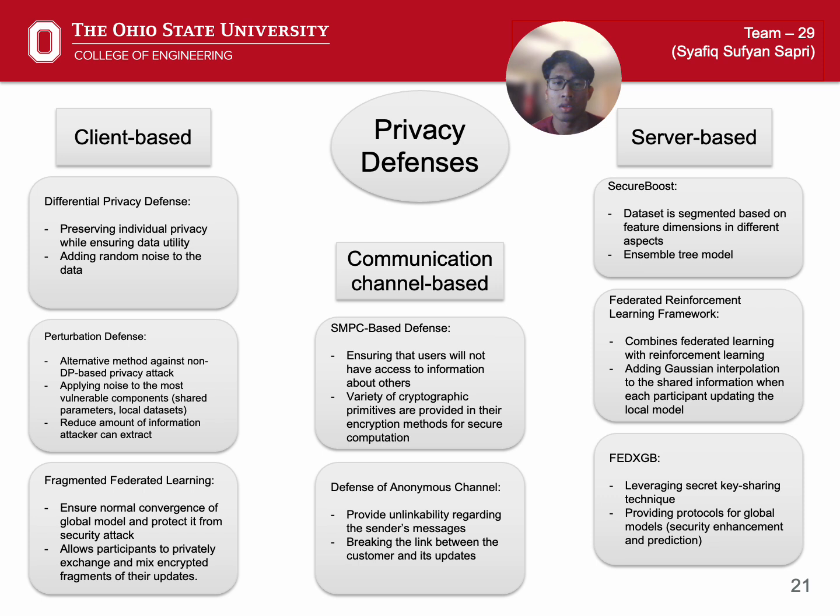It combines federated learning with reinforcement learning while adding Gaussian noise to the shared information when each participant updates the local model. And last but not least is FedXGB, which leverages the secret key sharing technique. It provides protocols for global models, for example, security enhancement and prediction.